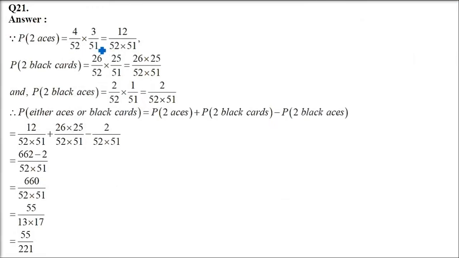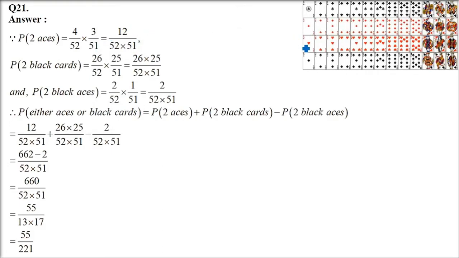Question number 21. 2 cards are drawn from a deck of 52 cards. So let us take the card first. What is the probability that 2 cards drawn are either aces or black cards? So first of all, you have to take 2 cards. What is given here is, see, it is not given, but we have to assume that it is without replacement.